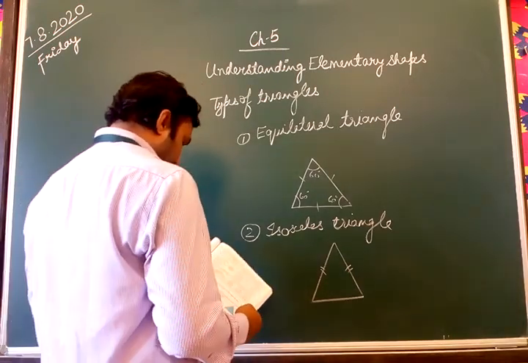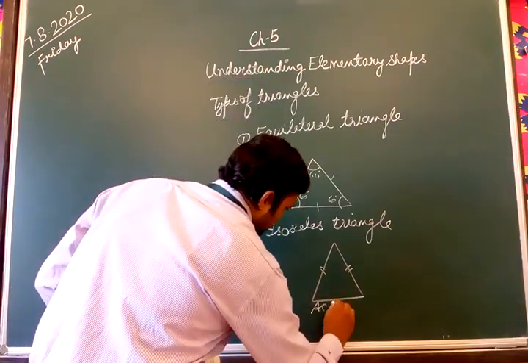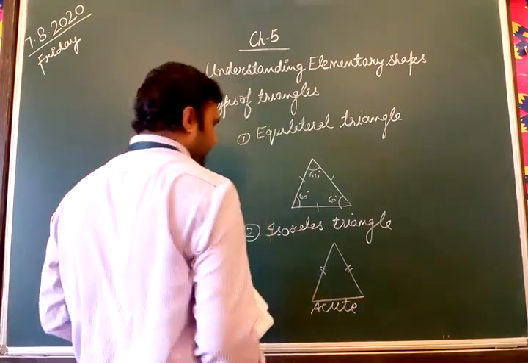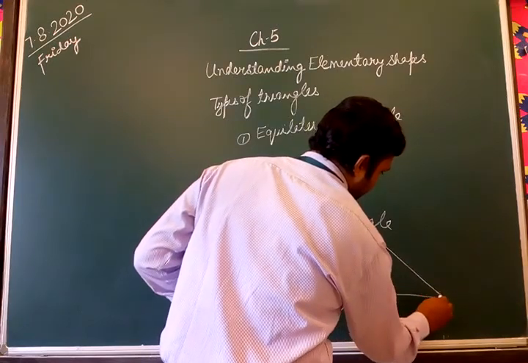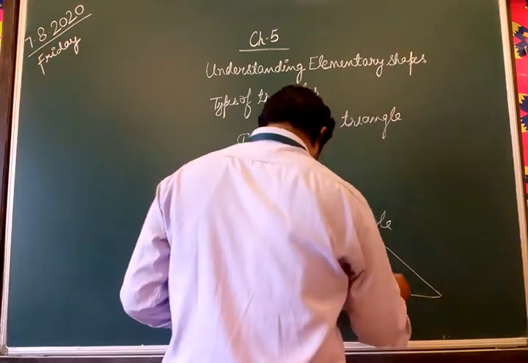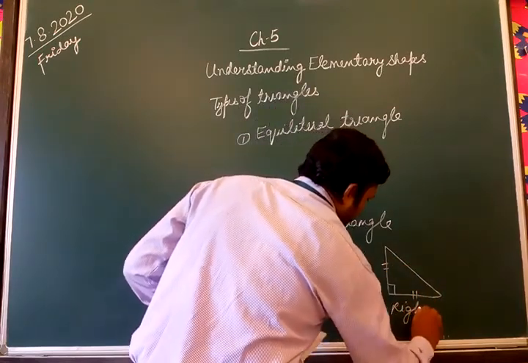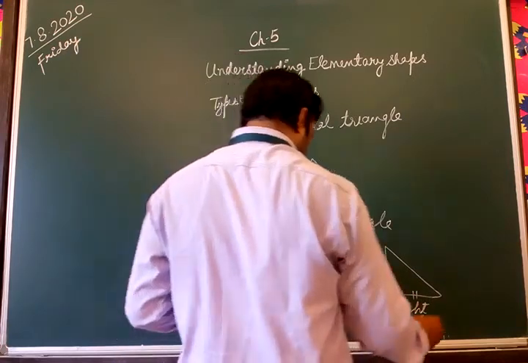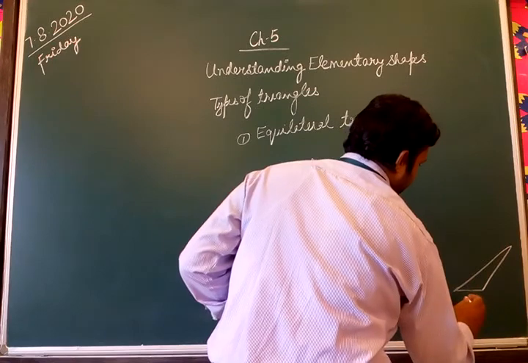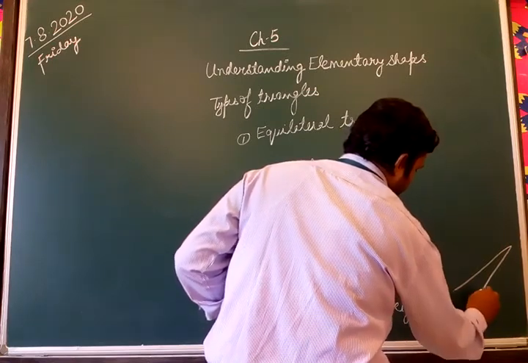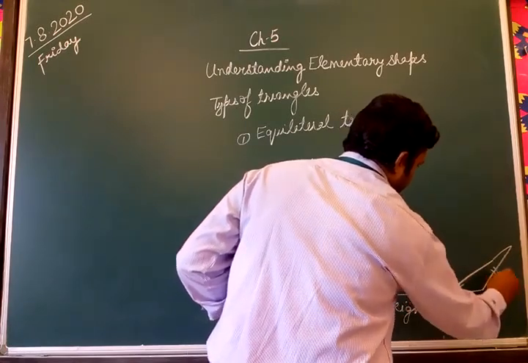So we have three types of isosceles triangle. This is the acute isosceles triangle. This is the right isosceles triangle, in which this side equals this side, and this side equals this side.